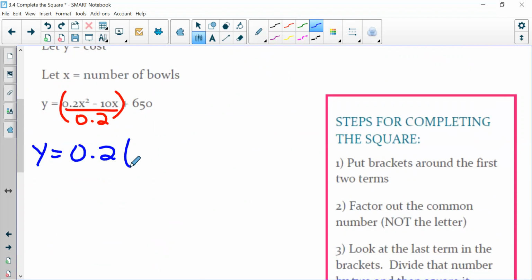What's 0.2 divided by 0.2? That's left right here. Good, just x squared. What is negative 10 divided by 0.2? Negative 50. You're going to want to try that on your calculator. So that's going to feel weird.